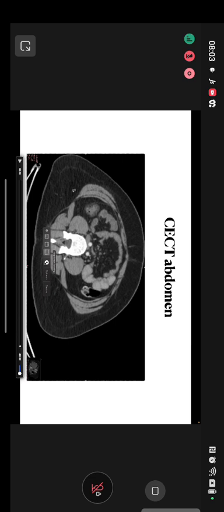And there is inflammatory fat stranding surrounding the GB.